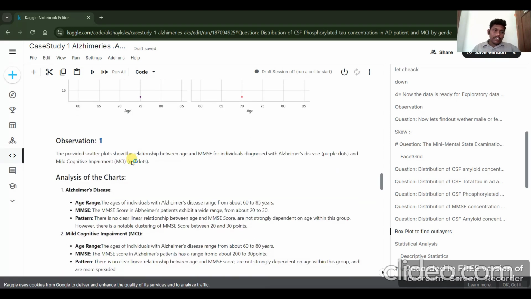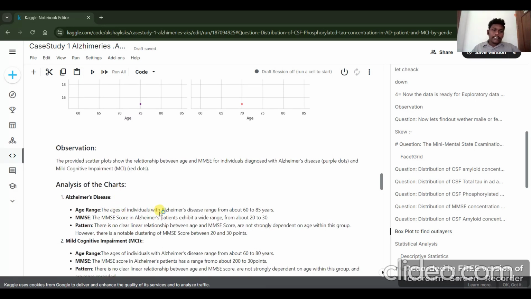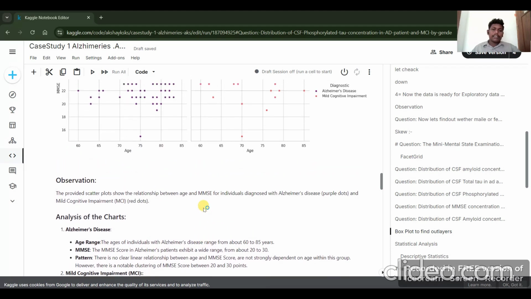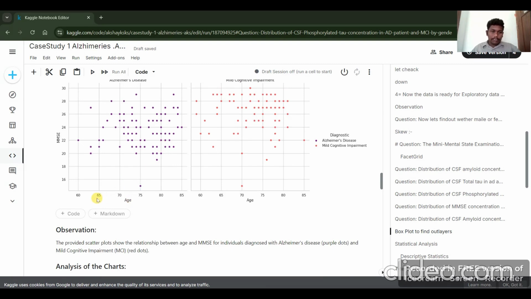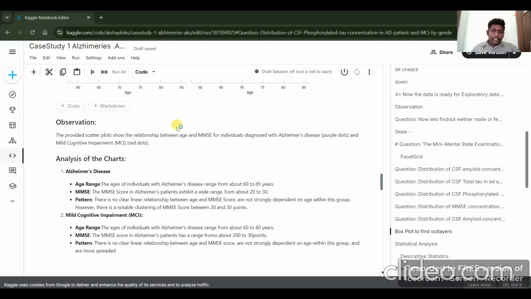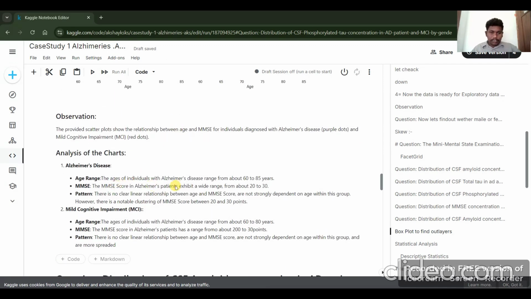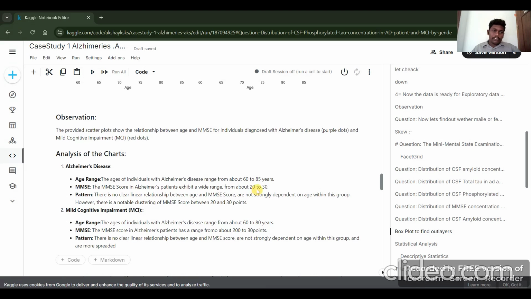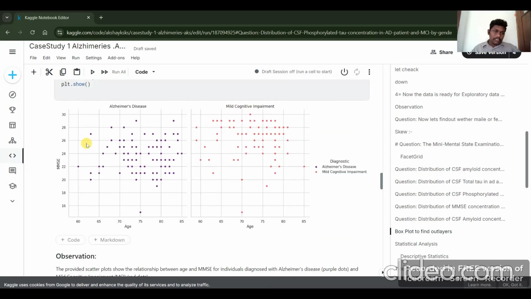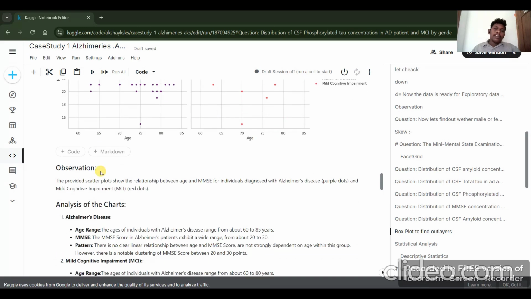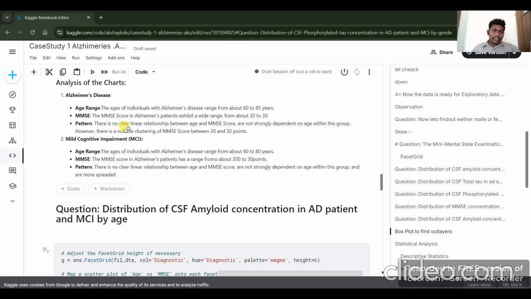Analysis of this chart: Alzheimer's disease, the age of individuals with Alzheimer's disease ranges from 60 to 85. The MMSE scores of Alzheimer's patients exhibit a wide range, from about 20 upward, and there is no clear linear relationship between age and MMSE score. The scores do not strongly depend on age within this group.